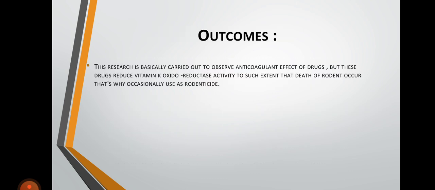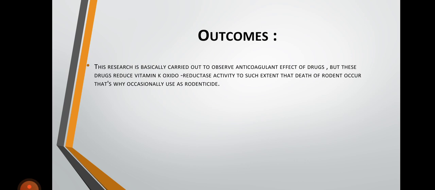What are the outcomes? We get to know that the agents which we had just provided produced some sort of effect on vitamin K oxidoreductase activity, by which they prove to be anticoagulant agents. That's why these agents were previously used as rodenticides, because they act as anticoagulants to such an extent that they ultimately thin the blood to the maximum extent, which leads to the death of the rat.